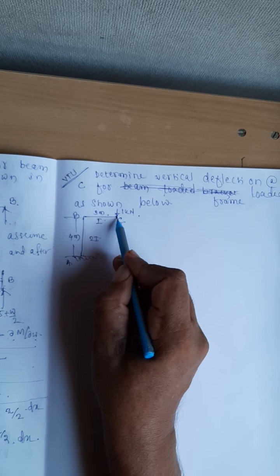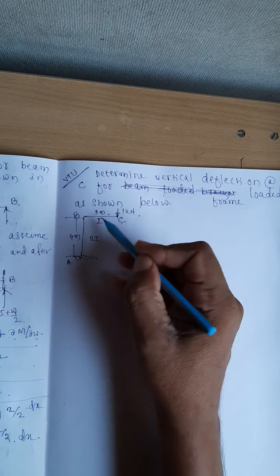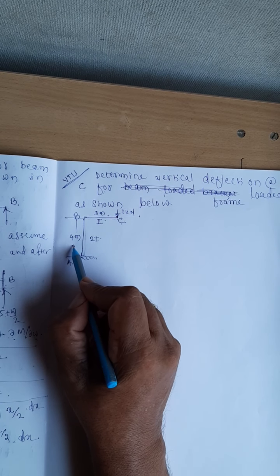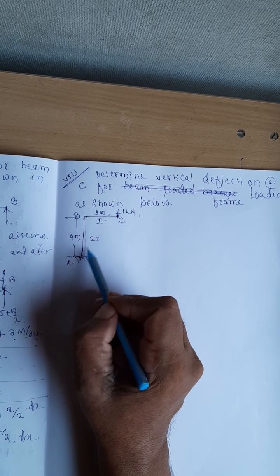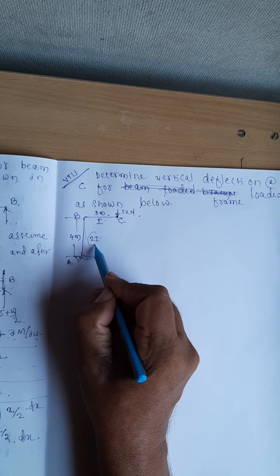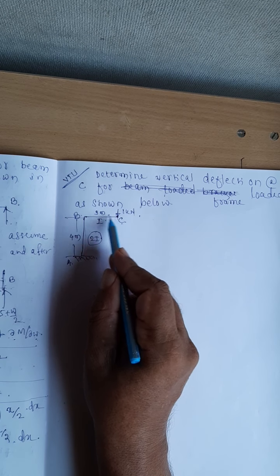is subjected to a load of W1 unit at C. The length AB is equal to 4 meter. The length BC is equal to 3 meter. Here one more thing you need to observe: I for the part BA is different and I for the part BC is different.